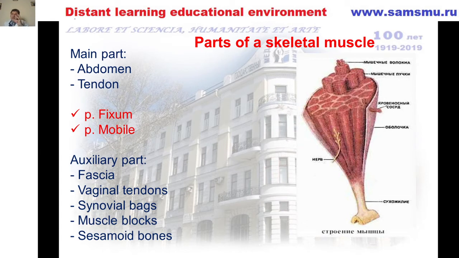Peritenon, tenon, it's tendon in Latin. The stronger the muscle and the more its functions, the relatively less peritenon tissue there is in the tendon, the more collagen fibers in it, and the greater the strength of the tendon.